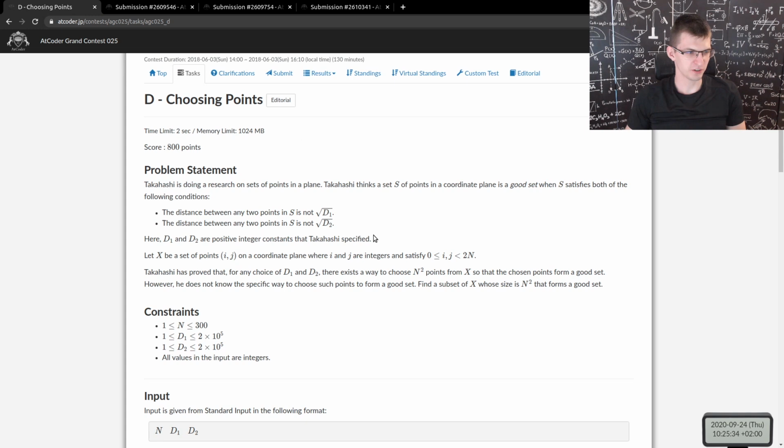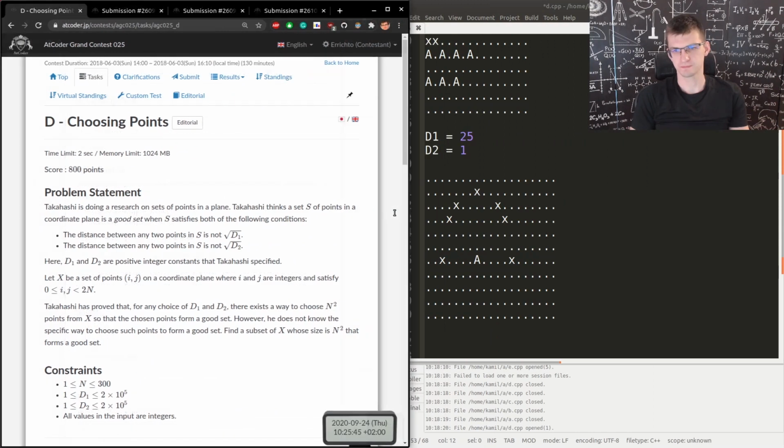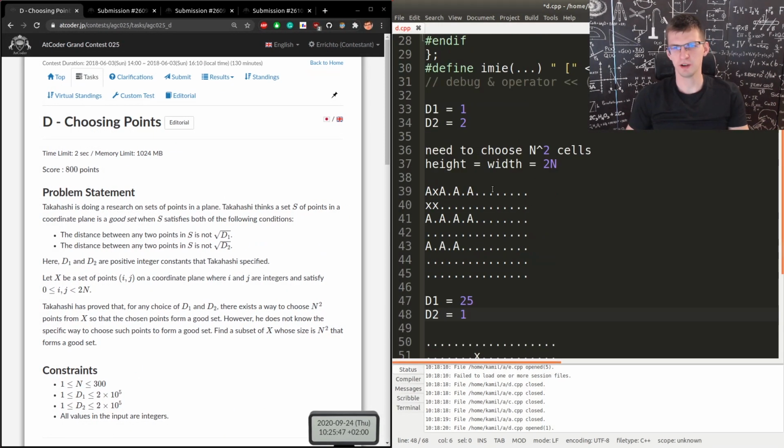Since there are 4 and square dots, the grid can be divided into 4 parts, and 1 point from each part can be taken if D1 and D2 are small. Well, I agree if D1, D2 are 1 and 2, then I take every part of the grid of size 2 by 2. But what do I do if they are any bigger?